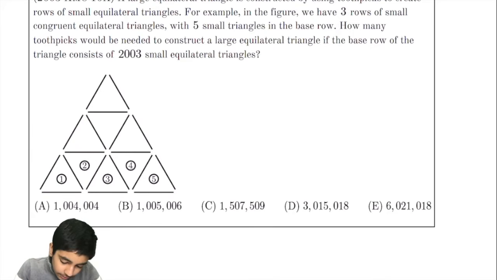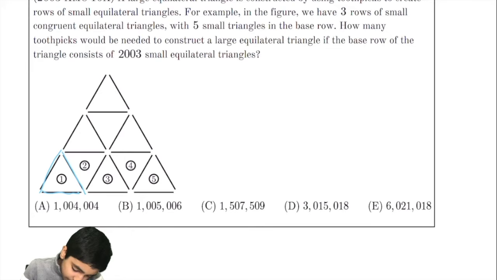So if there's 2003 triangles on the bottom, then we can see that there's always going to be one more upward facing triangle than downward facing triangle. So you can think of these blue triangles here. There's always going to be one more of these blue triangles than of these green triangles.